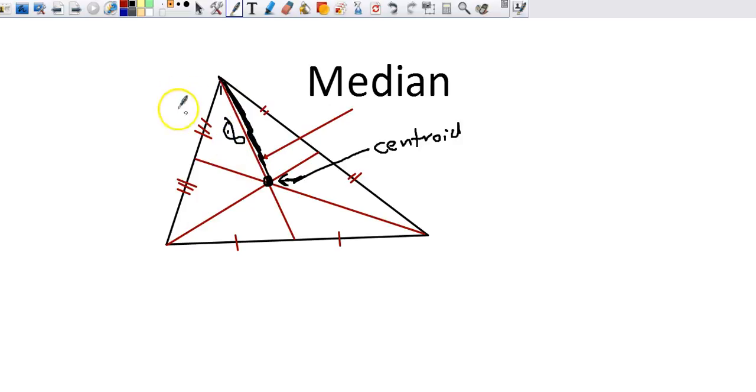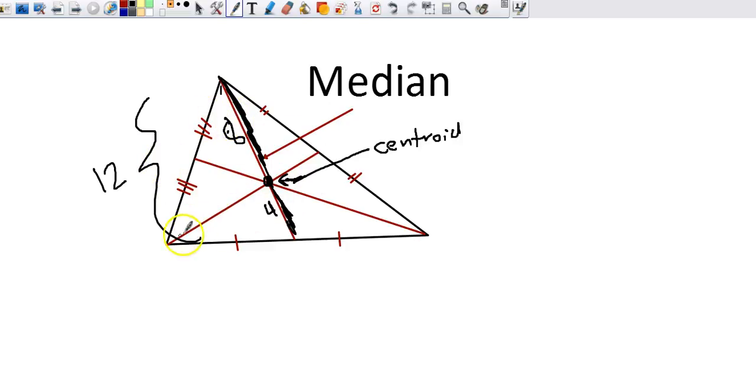Well, if that's 8, then 8 is 2/3 of what number? Well, what's half of 8? 4. So if I add the 8 and 4, that whole segment's going to be 12. So 8 is 2/3 of 12. 4 is 1/3 of 12. And 8 is twice as much as 4.